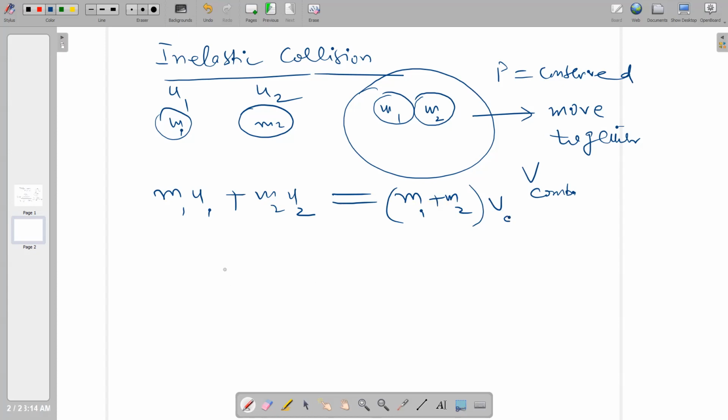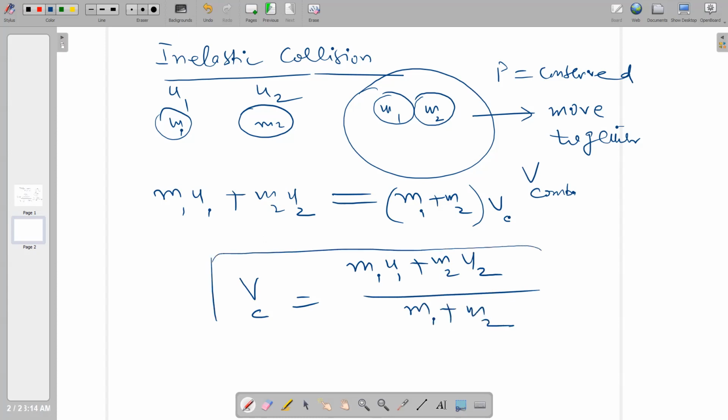So if you want to find the common velocity in case of inelastic collision, you will find the total momentum before collision, that is m1 u1 plus m2 u2, divided by m1 plus m2. So we will apply this formula to solve our problems for the combined velocity.